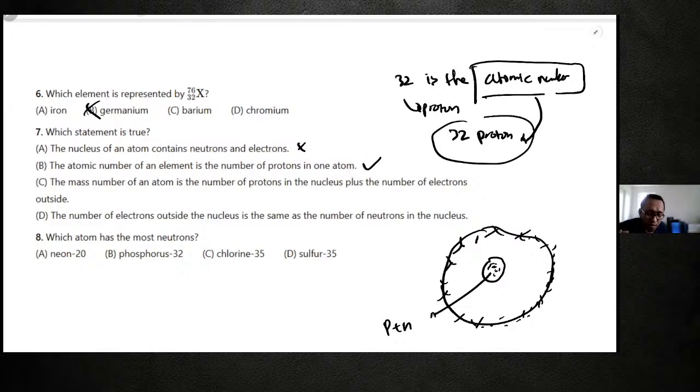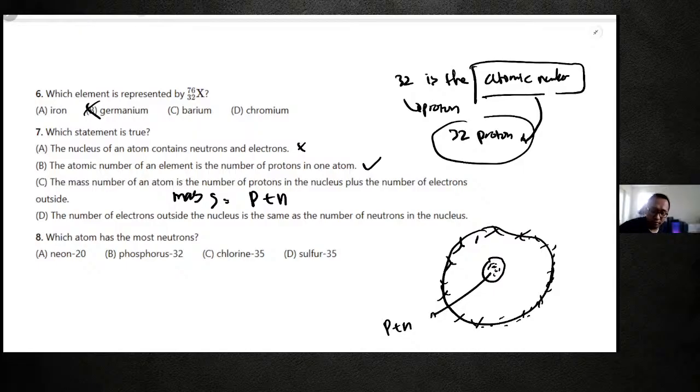The mass number of an atom is the mass, which is proton plus neutron.